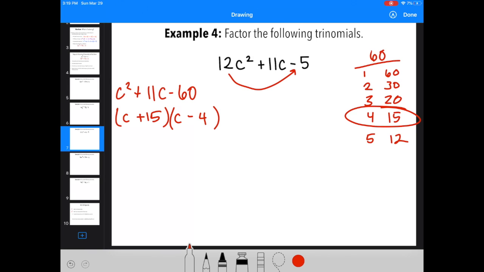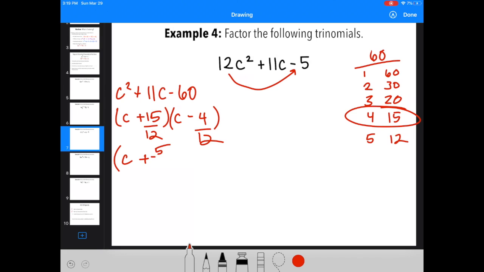All right. My last step is to divide by 12. Divide by 12, divide by 12. Neither of those reduces out nice and pretty, so I need to reduce those fractions before I move on. So c plus, both of those are divisible by 3.